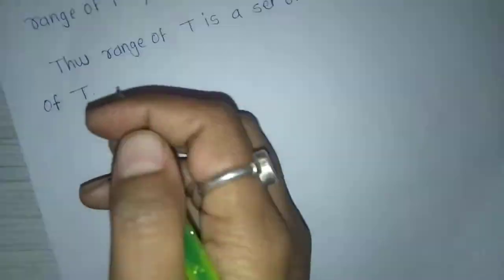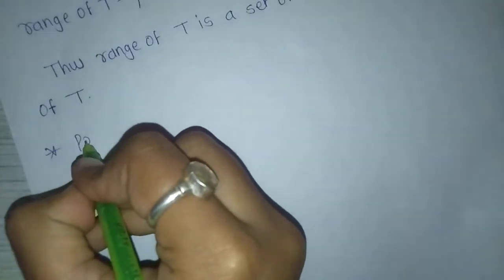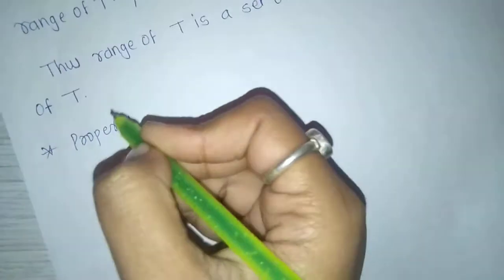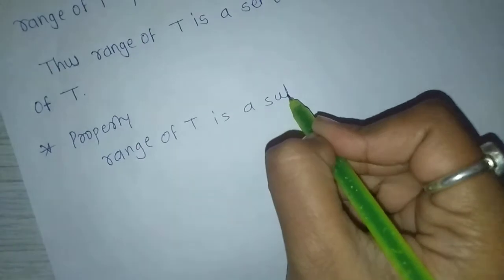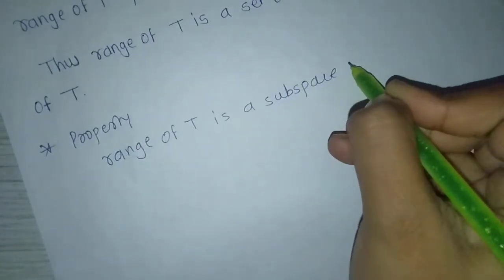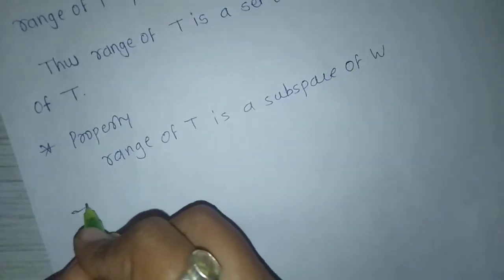Next property. Range of T is a subspace of W. Proof.